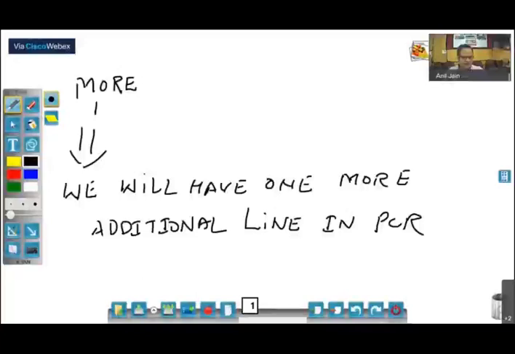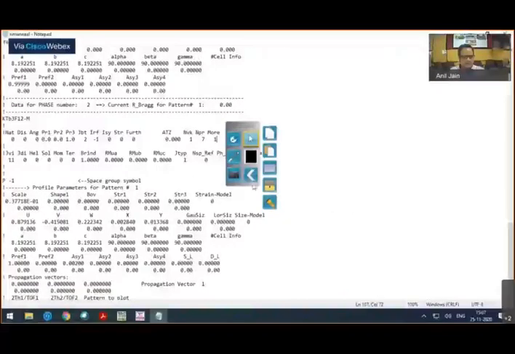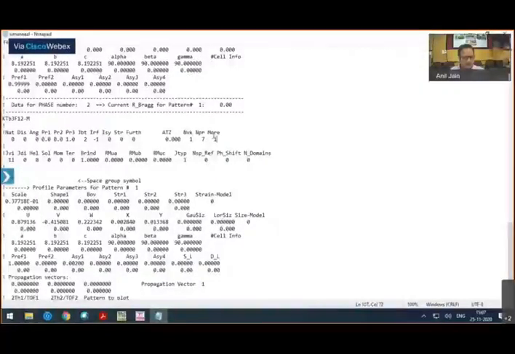Let's go to the PCR. When I write more equal to 1, I am telling the program that I will have one additional line, and this is the additional line.